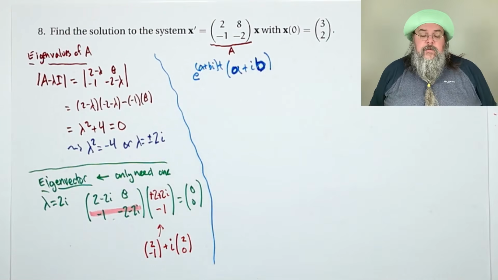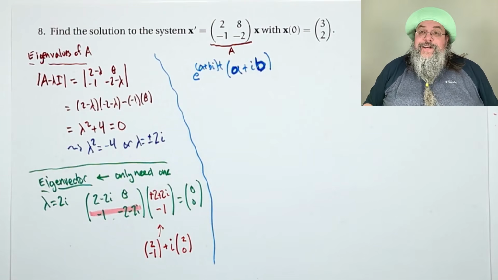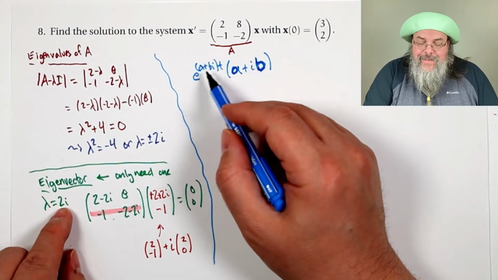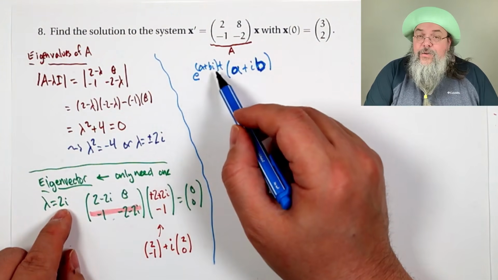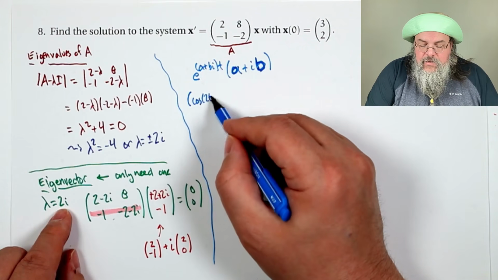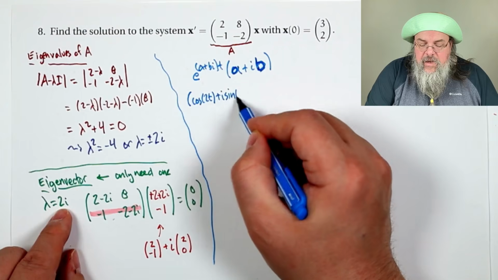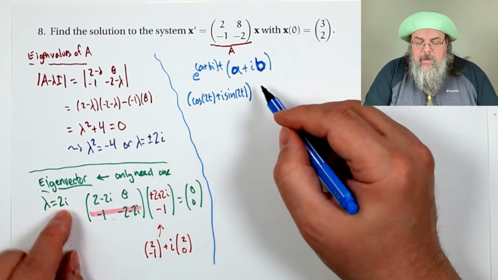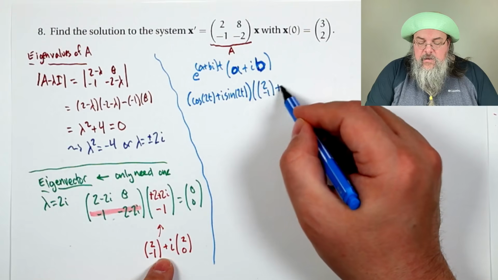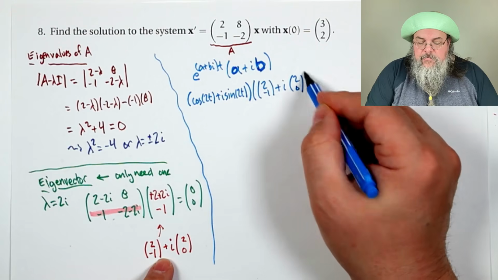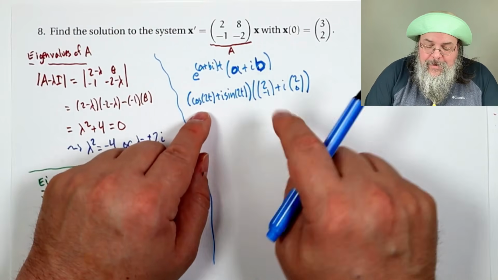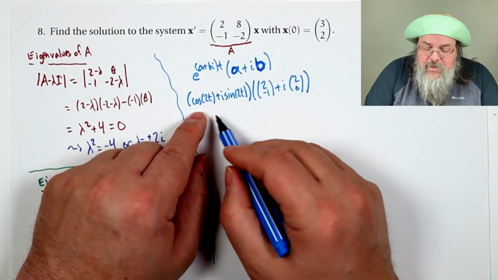So what does that give us? In our case, notice that a is 0, and so it's really e to the 2it. So this becomes cosine 2t plus i sine 2t. And we already pulled this apart, so we have (2, -1) plus i (2, 0). Multiply out, reals and imaginaries.